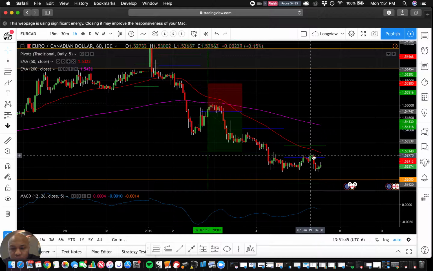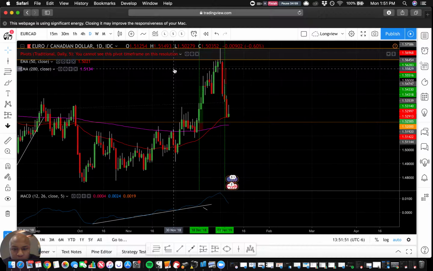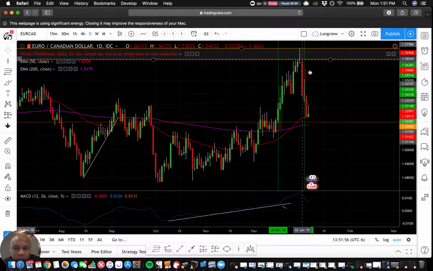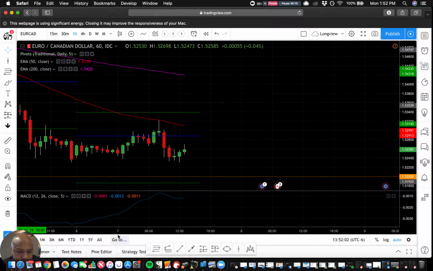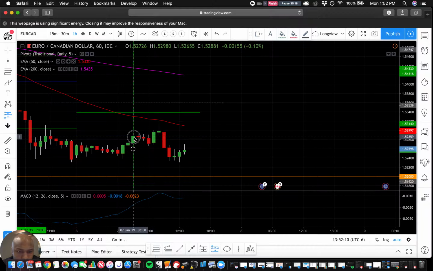This might be the same situation right here, man. I just have to really step back and look at this. We drop down from there to this, and so the entry would be here. And the downward move is going to look something like this.